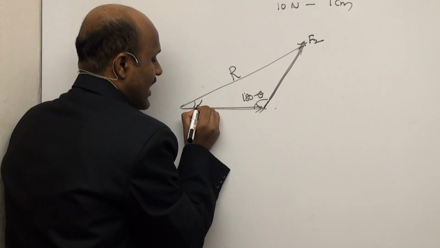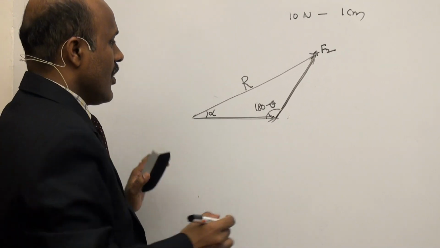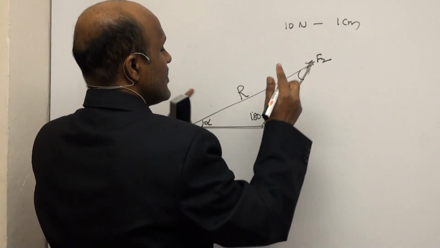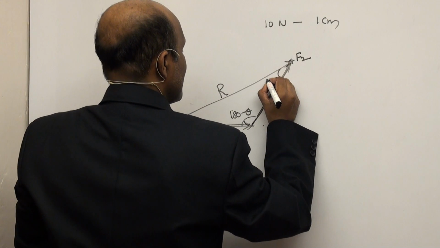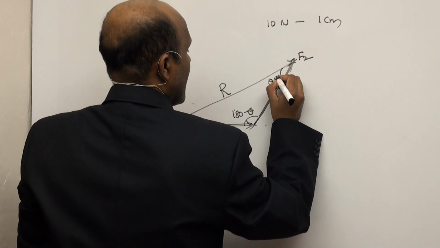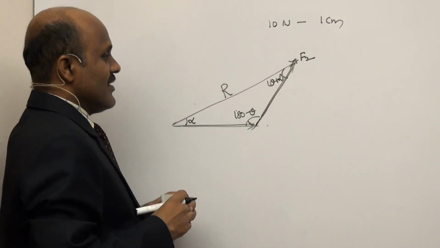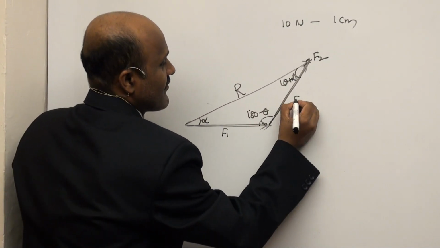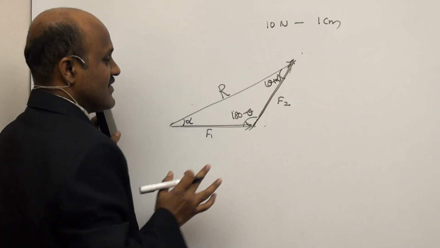Now I am taking the angle alpha here. So what is the angle here? 180 minus this, which is equal to this one, so here you get theta plus alpha. Now this is the F1 force and this is the F2 force.